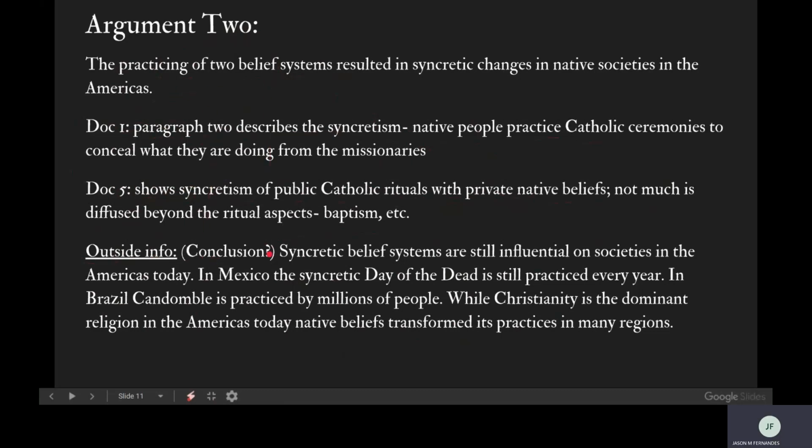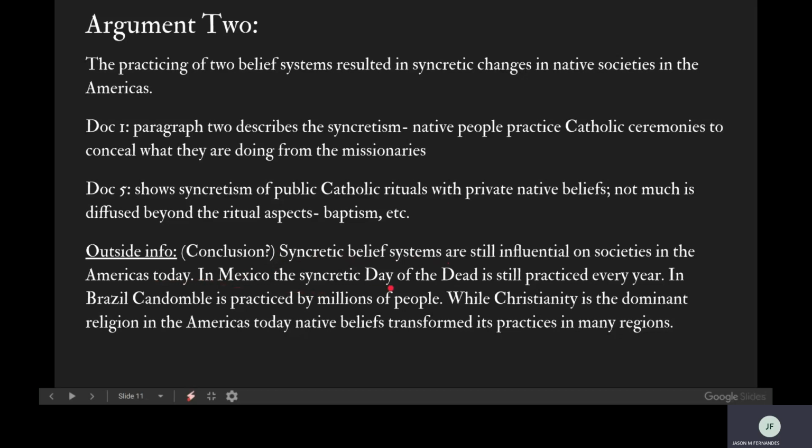Okay, and maybe this could be a good conclusion, just a final paragraph to wrap everything up and tie it across time periods to make it a more complex argument. What I said is syncretic belief systems are still influential on societies in the Americas today. If you remember in class, we looked at a couple of examples of this.